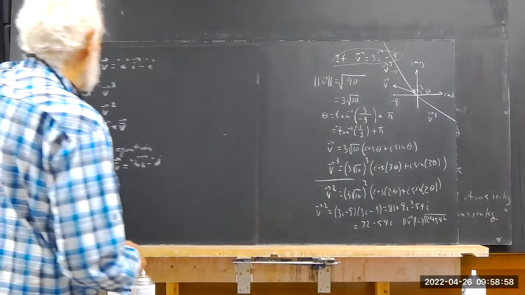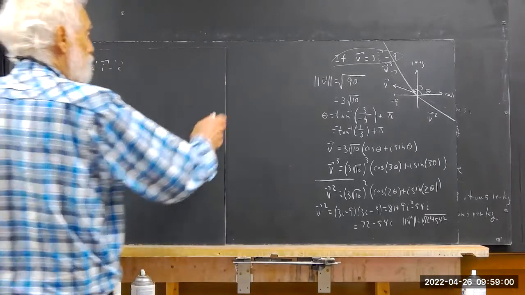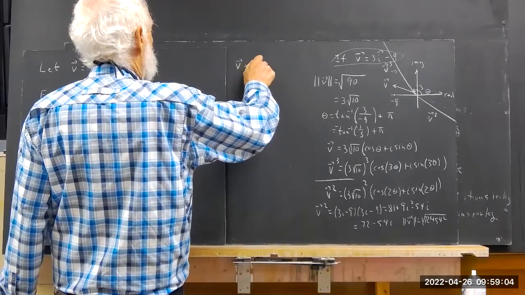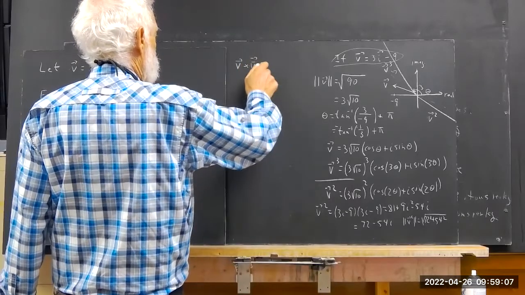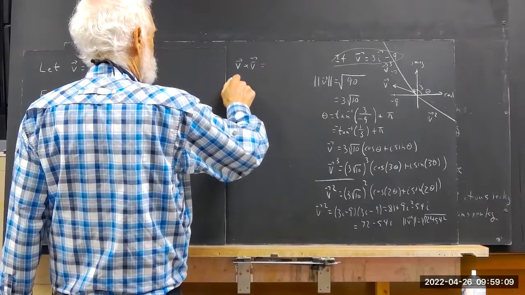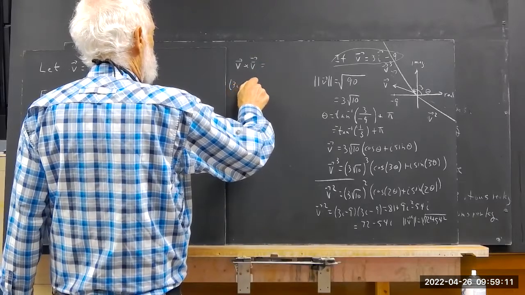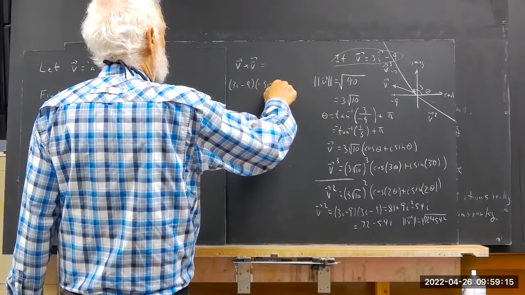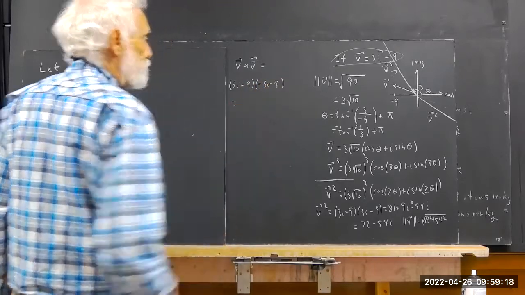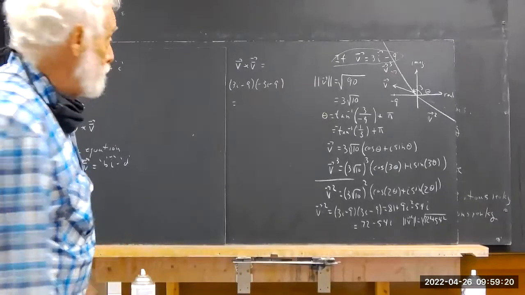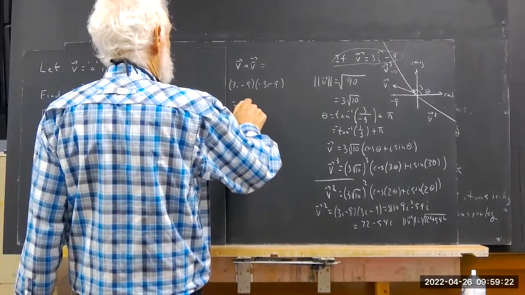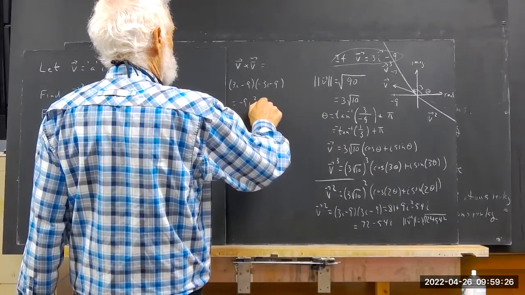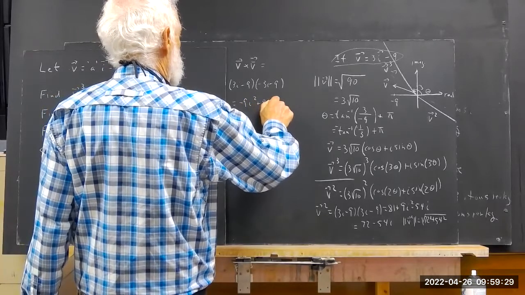Well, now, V multiplied by V bar equals what? Well, that's 3i minus 9 times negative 3i minus 9. And that's negative 9 i squared plus 81.